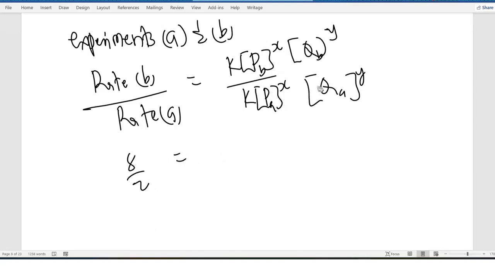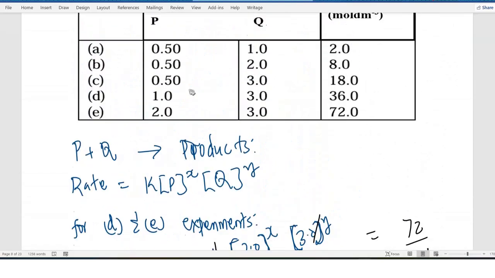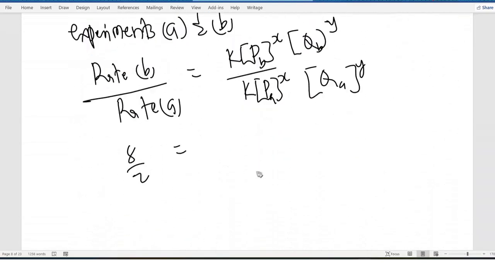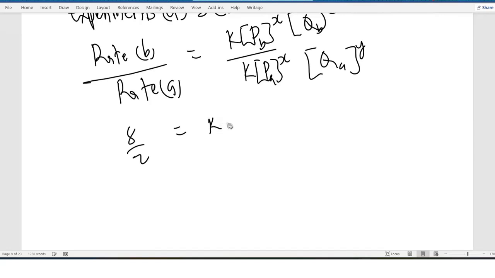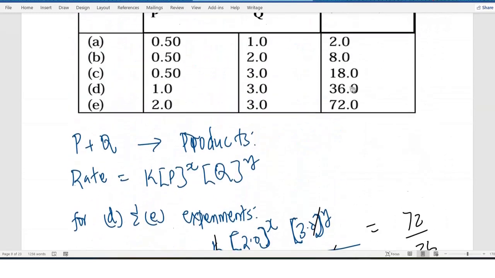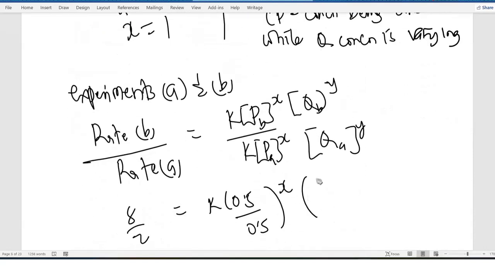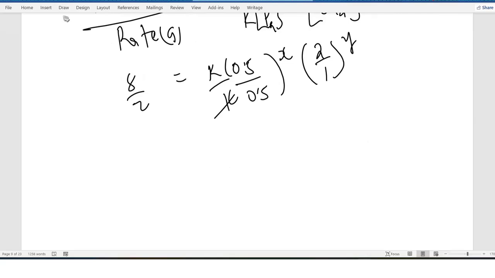It's going to be K times, here we have the constant at 0.5, so you'll have 0.5 out of 0.5 power X, times the concentration being 2 out of 1 power Y. So this one is already 1, and K cancels, so what is going to happen?